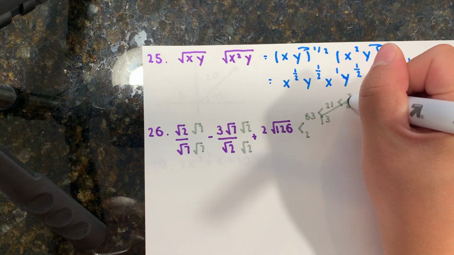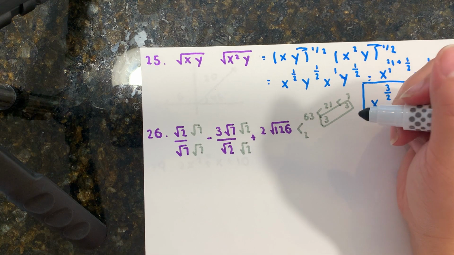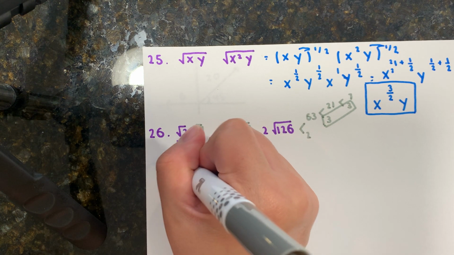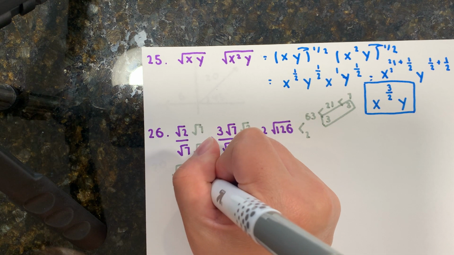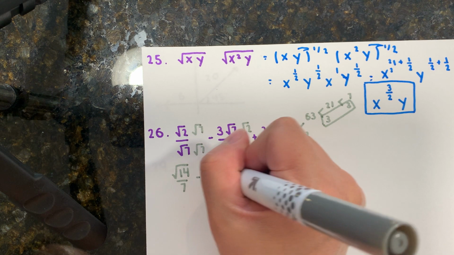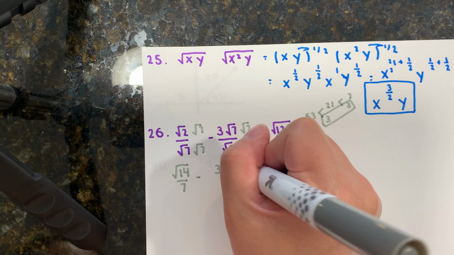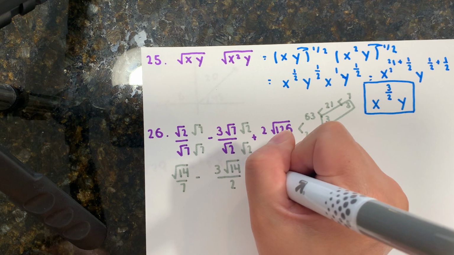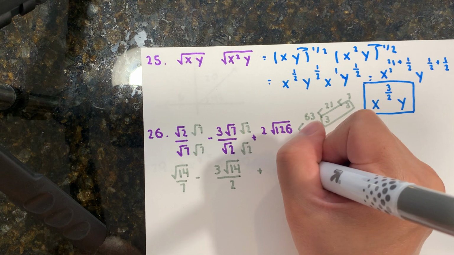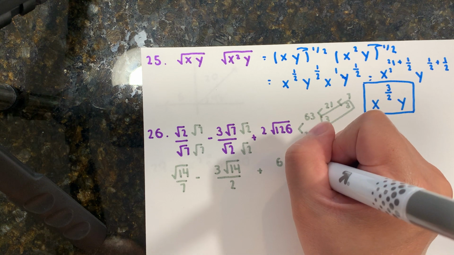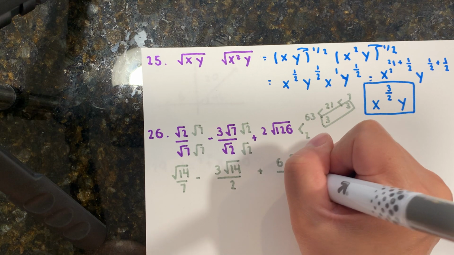So there's the pair of 3's there. So I have root 14 over 7 minus 3 root 14 over 2 plus 6 square root 14 over 1.